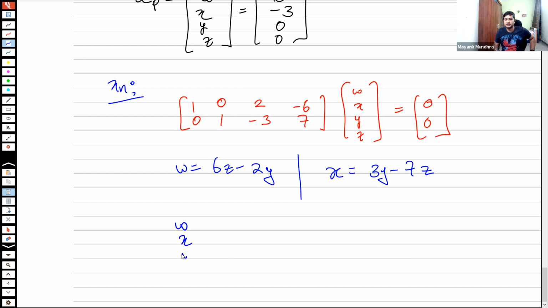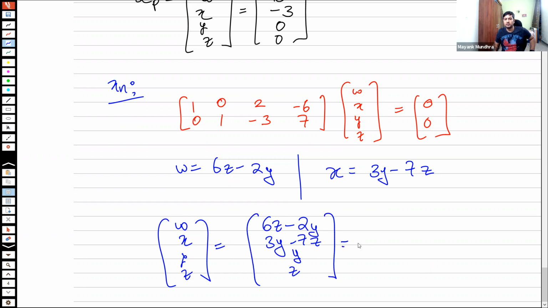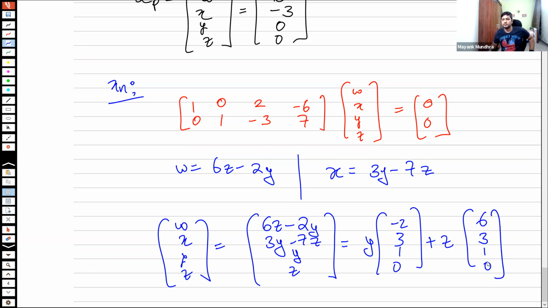So now w, x, y, z becomes 6z minus 2y, 3y minus 7z, y, z. So that becomes y times (−2, 3, 1, 0) plus z times (6, −7, 0, 1).